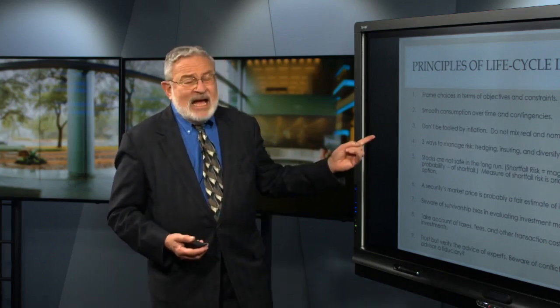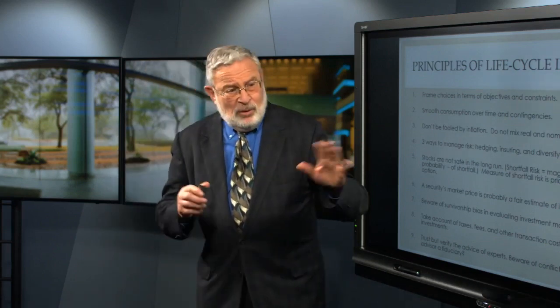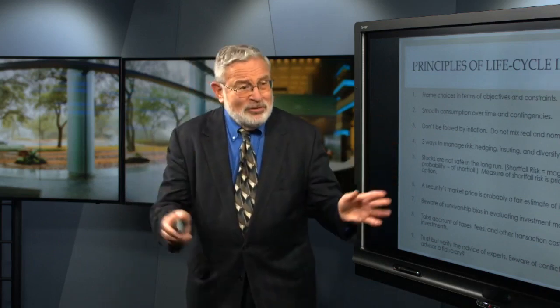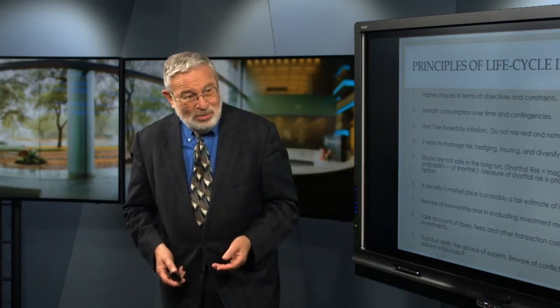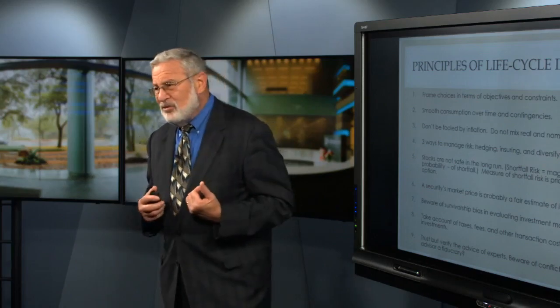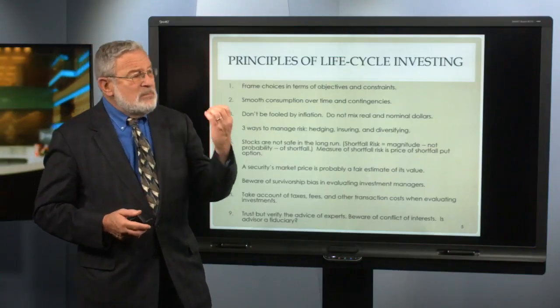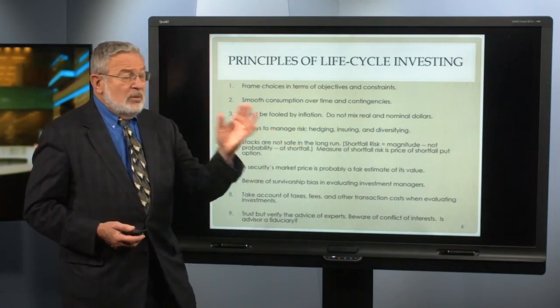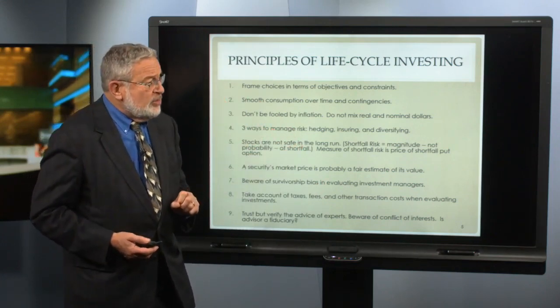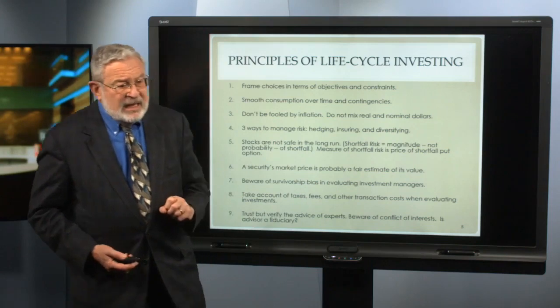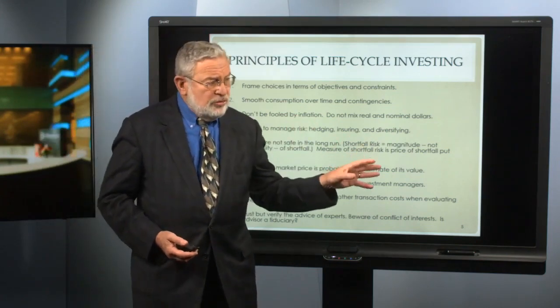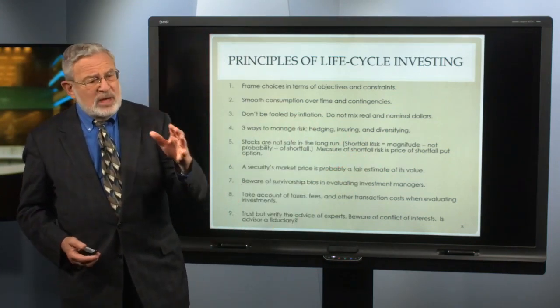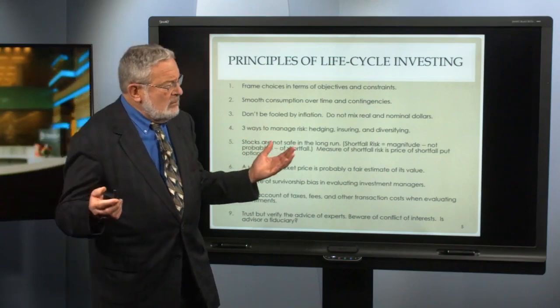So it is very important, however, even in the absence of a way to protect yourself against inflation, to simply measure things correctly. For example, if you're looking at your resources in the future, and let's say you've got Social Security and you've also got some sort of pension plan.